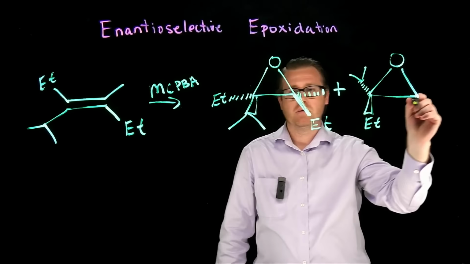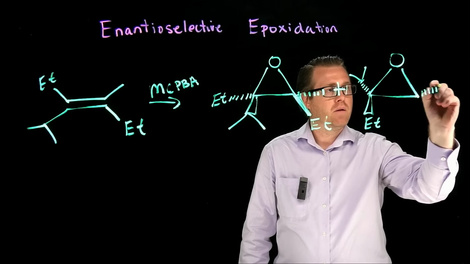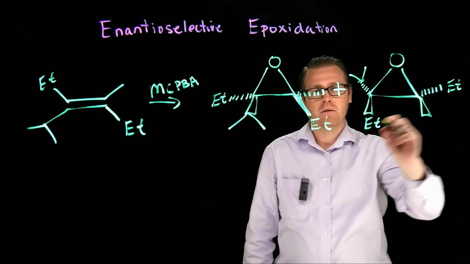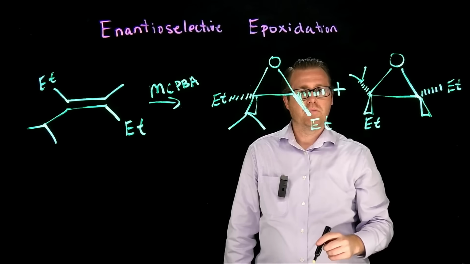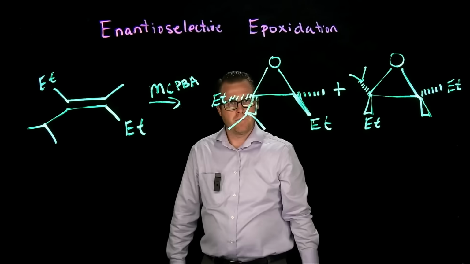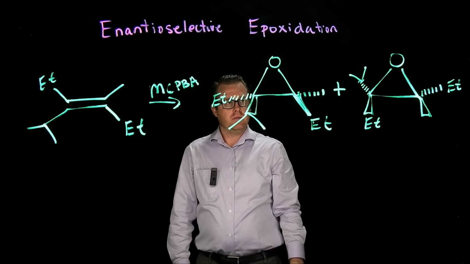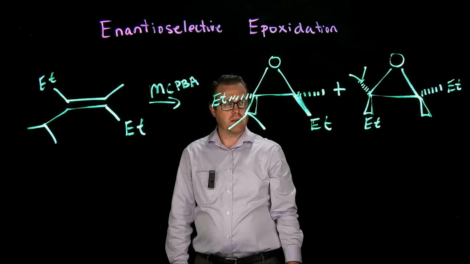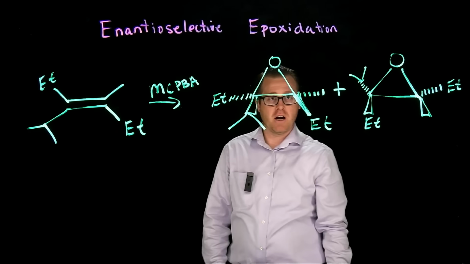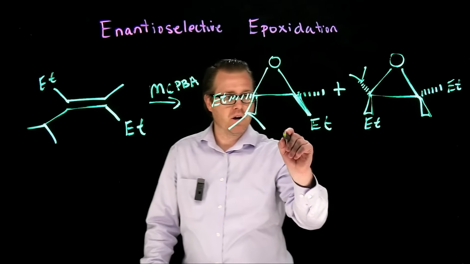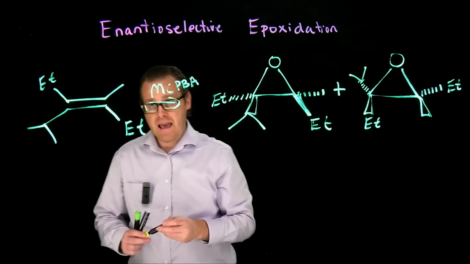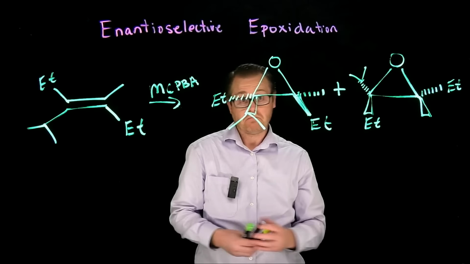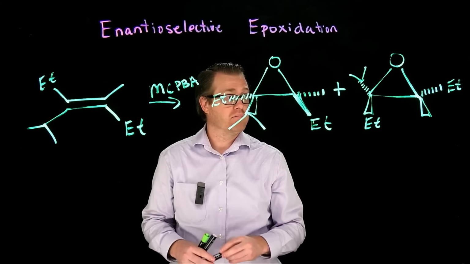It's a propyl. So that makes our ethyl there. Like so. Okay, so mirror images that are not superimposable. So those are enantiomers. And if you did this reaction, you would get a racemic mixture. Okay.